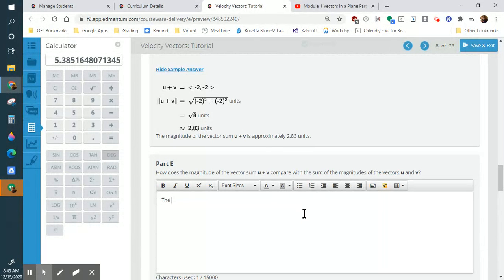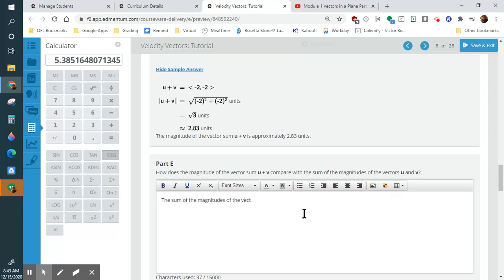To the sum of the magnitudes, because there's two of them.